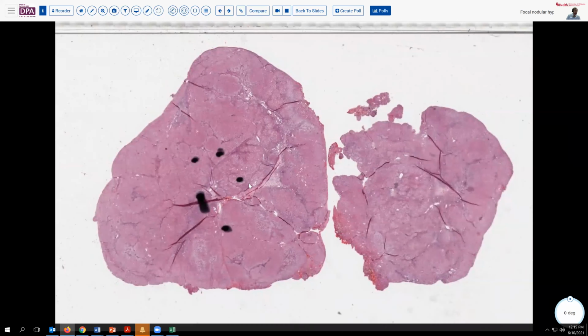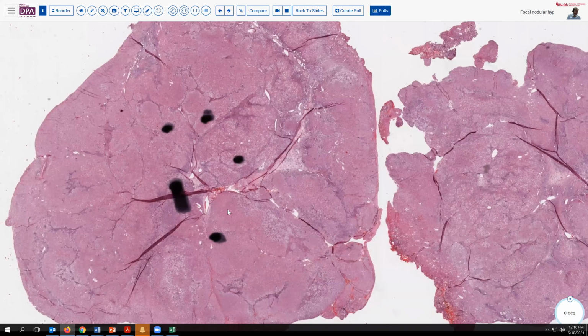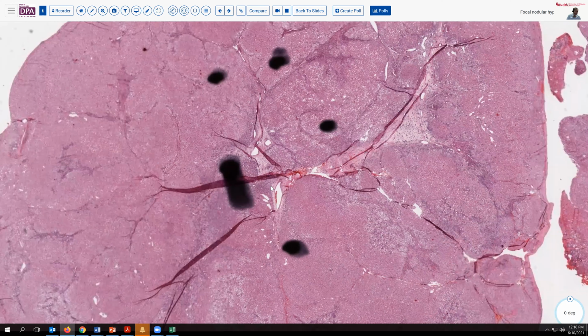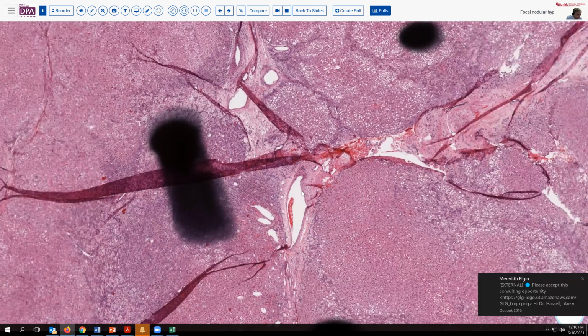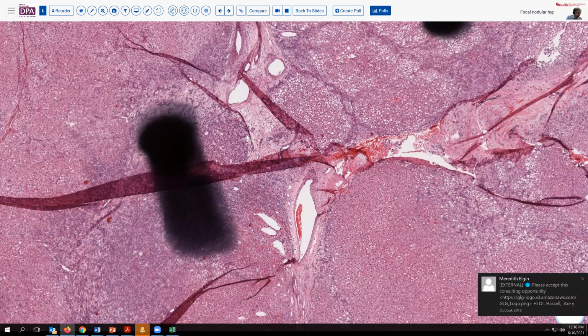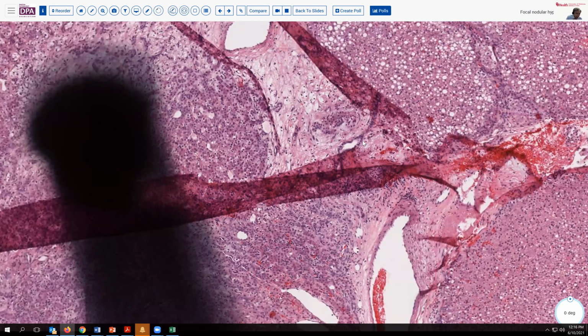So one of the cases I sent you as a preview for today was the frozen section of this case. And so here's our permanent sections, and the key here, nicely highlighted, is these rather odd vessels. Now, here you may say, well, where are the bile ducts? But I think there are a few bile ducts here, so they're kind of hidden under the folds.